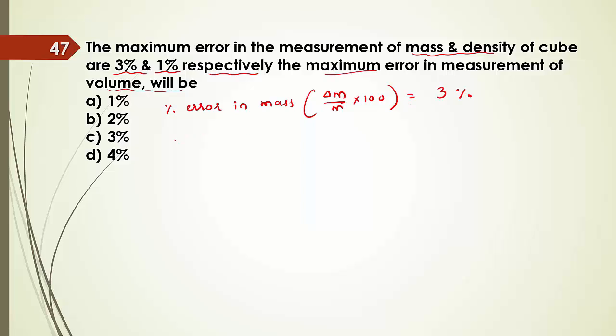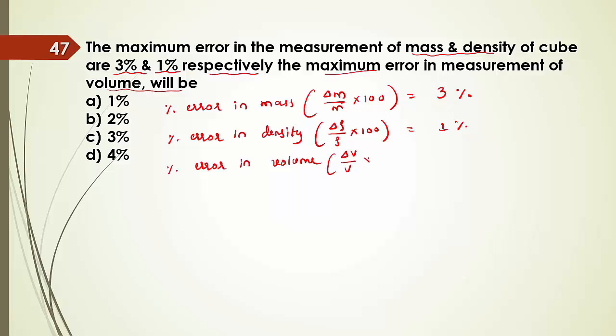Similarly, percentage error in density, denoted by the symbol rho, delta rho over rho into 100, is given as 1%. Now we have to calculate percentage error in volume.